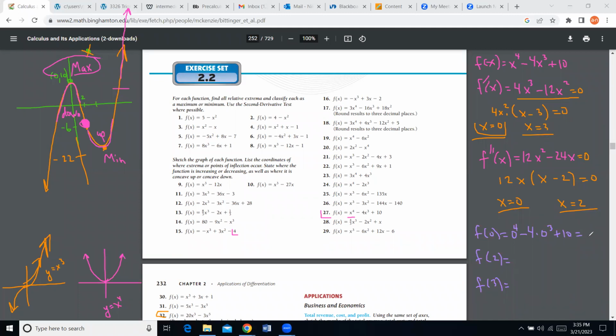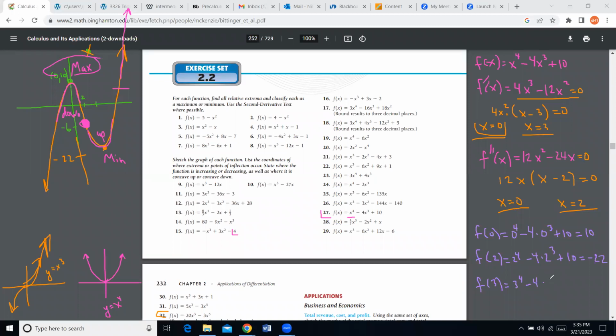Look at this. At 0, you just get 10, just the free term, right? What happens at 2? Well, looks like you're going to need to subtract 32 from 16, so it's a negative 32, and with 10 it is negative 22, looks like. Please double check.